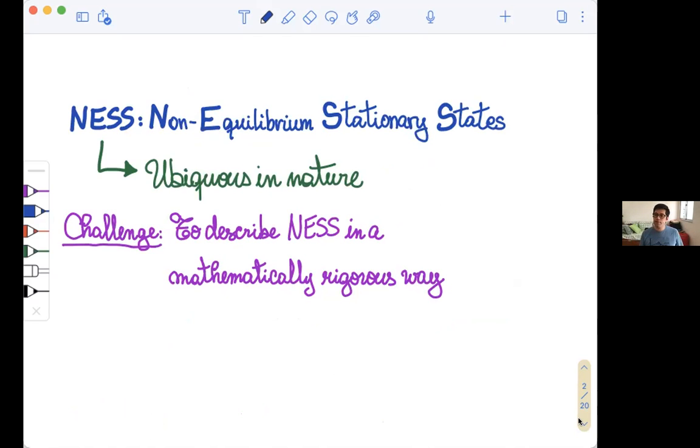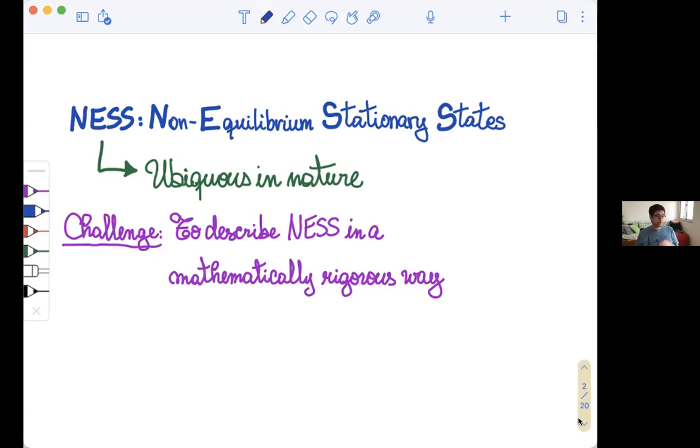It's more like an idea, but these non-equilibrium stationary states are present everywhere in nature and we don't really have a good understanding of them. And so I'm going to present some examples, try to explain why they are interesting, and why they could be interesting also from a mathematical point of view. So the challenge that we face is how to describe non-equilibrium stationary states in a mathematically rigorous way.